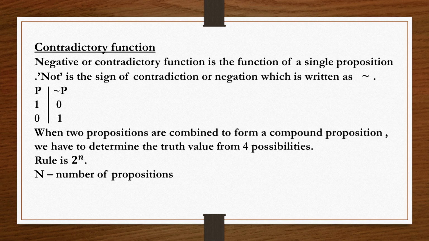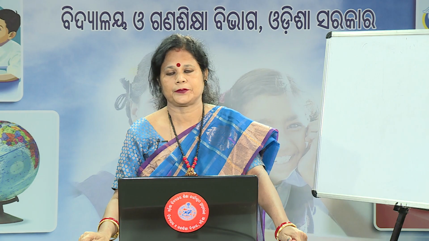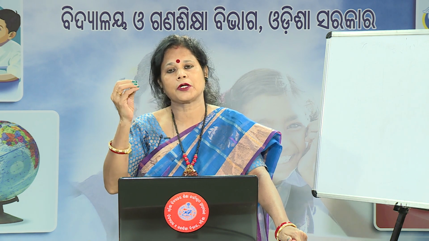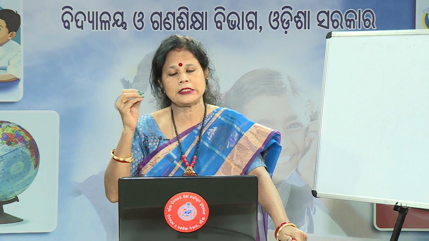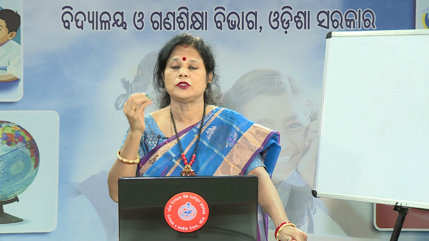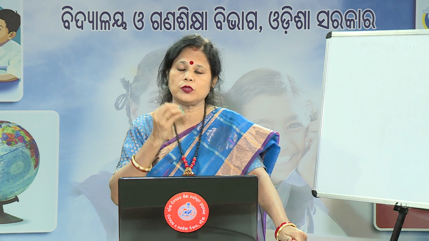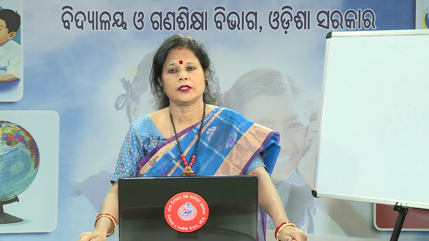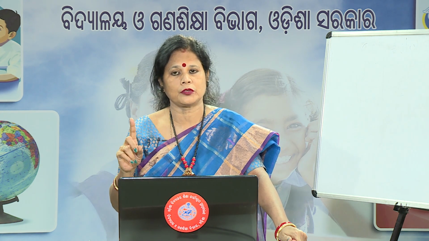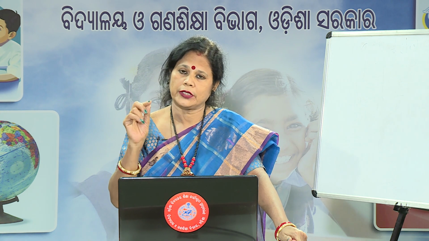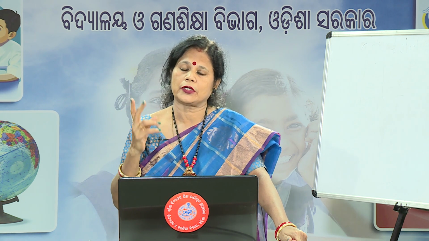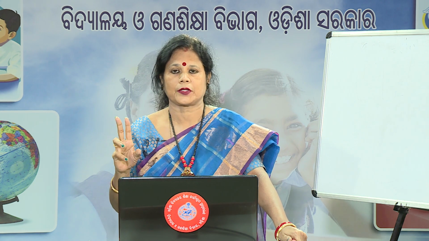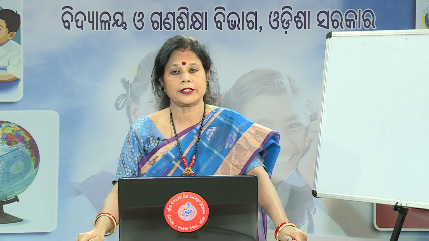So, the truth value of the contradictory function is determined from the two truth values of the single proposition. Okay? So if there is a single proposition, there will be two possibilities of truth values. What is this contradictory function?